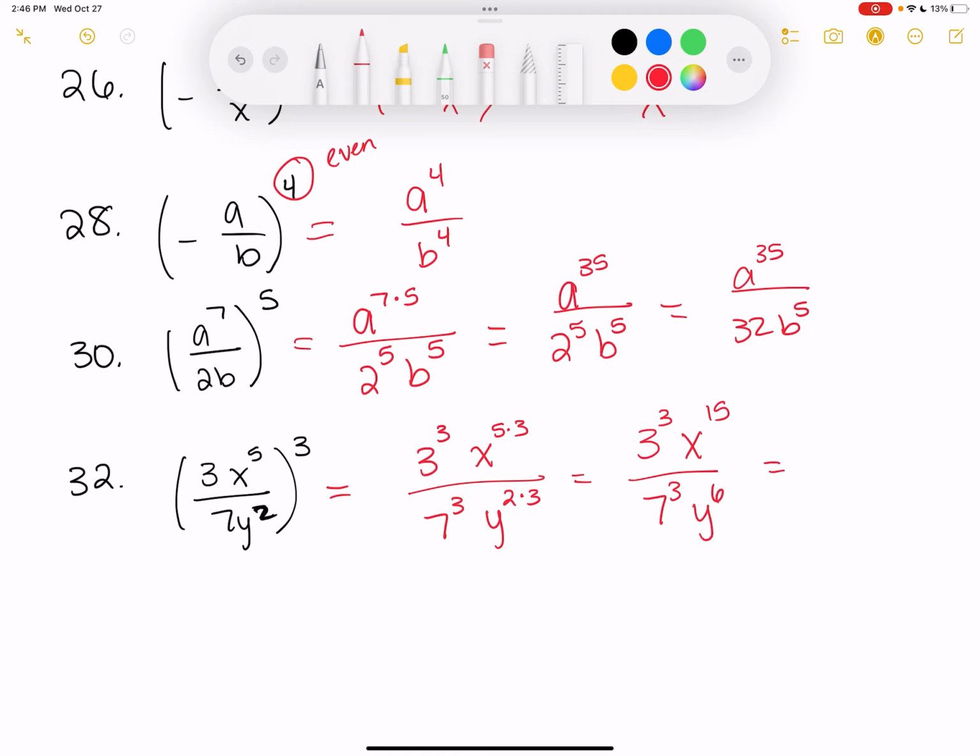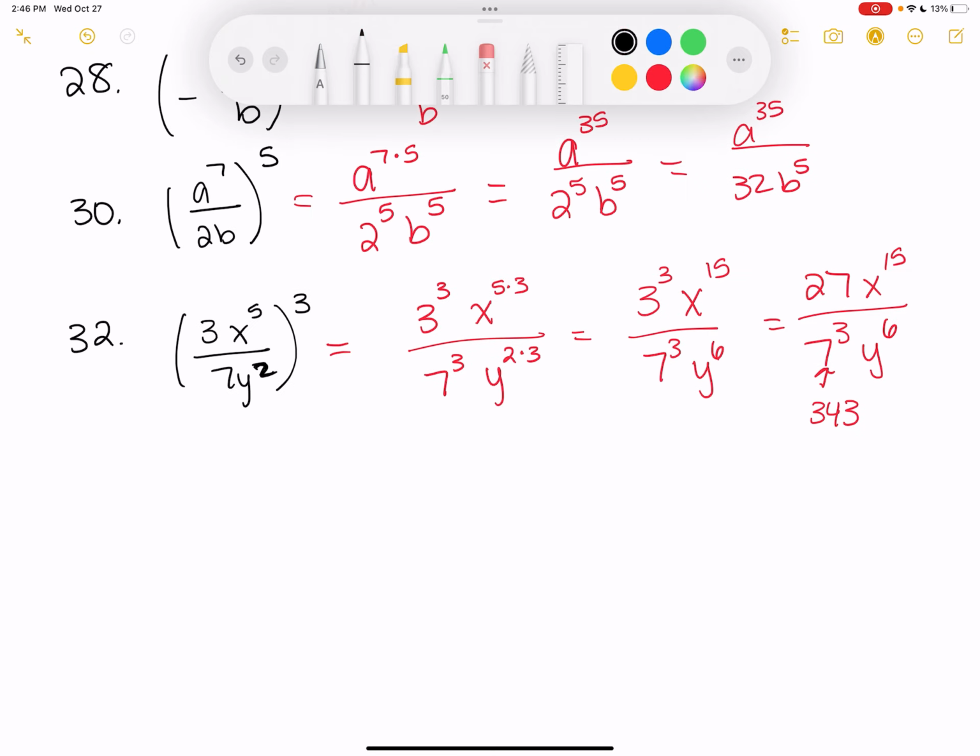I'm okay if you leave it there. If you wanted to go a little farther, 3 times 3 is 9 times 3 is 27, so you could use 27x to the 15th over 7 cubed y to the 6th. That's not a necessary step. 7 cubed is 343. That's just one that you're going to see a lot. I don't know why, but your book likes to do 7 cubed all the time. Whoever wrote the book, 7 must have been their favorite number or something.